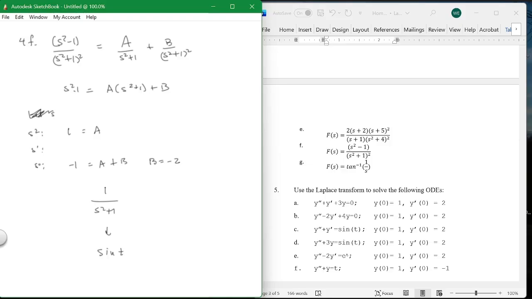Rule 10 has an s squared minus a squared in the numerator, so it's not rule 10. It's got an a. Rule 9 has an s in the numerator as well.